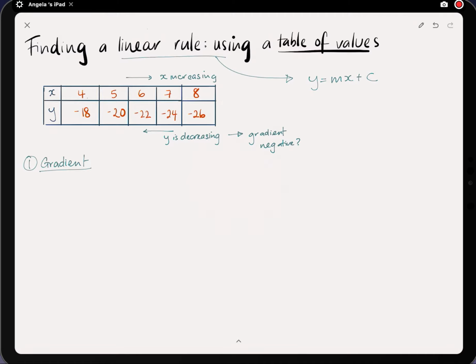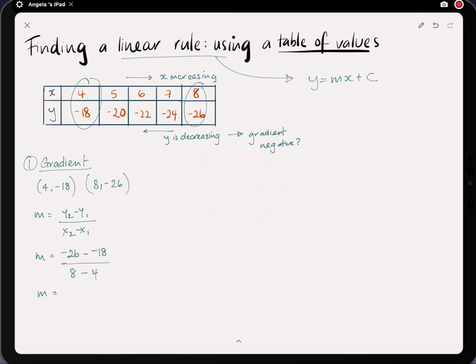So given that we need to find our gradient, we need to have two coordinates. Let's pick 4, negative 18, and let's pick 8 and negative 26. So using the y2 minus y1 on x2 minus x1 method, I've got m is equal to negative 26 minus negative 18, all on 8 minus 4.